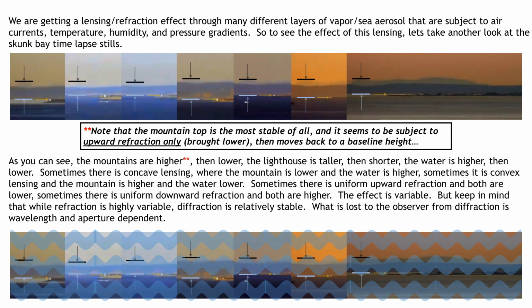So we are getting a lensing and refraction effect through many different layers of vapor and sea aerosol that are subject to air currents, temperature, humidity, pressure gradients, and so forth. So to see the effect of this lensing, let's take another look at the Skunk Bay time-lapse stills and see what we can determine here.